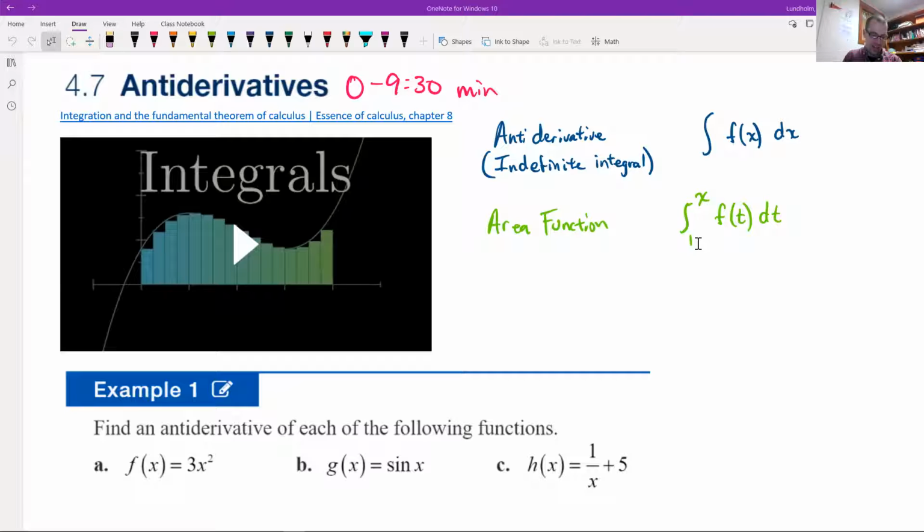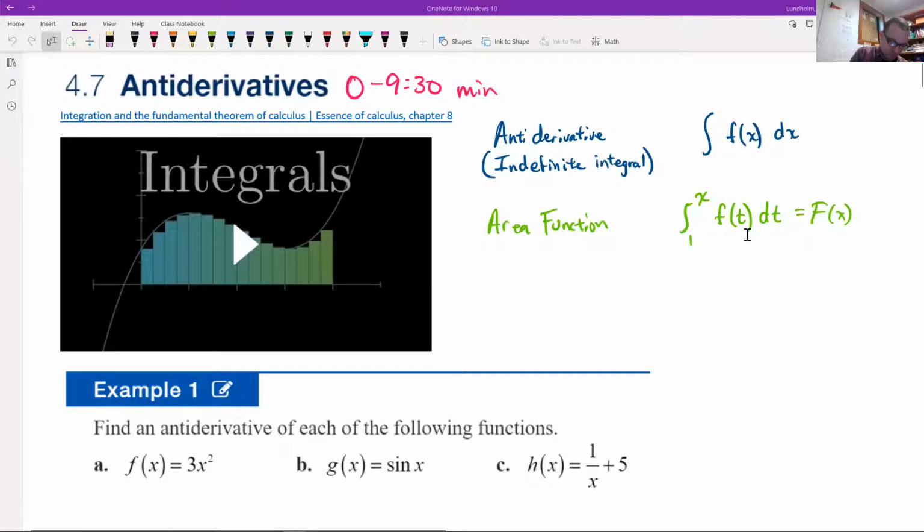But this will actually give you a new function, f of x, that gives you an area going from 1 to some movable point x. And that's kind of why I call it area function.